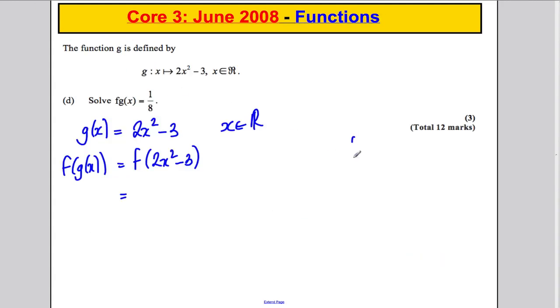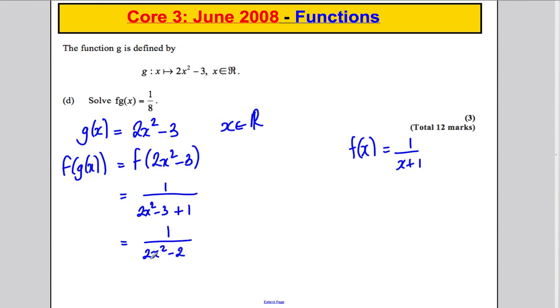So I'm just going to write here for our help, f of x is 1 over x plus 1. So what we're doing is substituting 2x squared subtract 3 in place of x. So we get 1 over 2x squared subtract 3 plus 1, which is 1 over 2x squared subtract 2, which is 1 over 2x squared subtract 1. And that's our f of g of x.